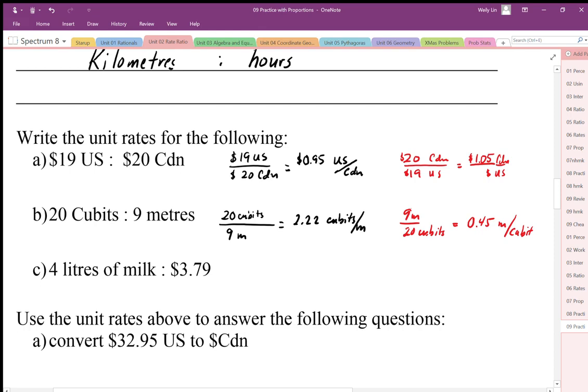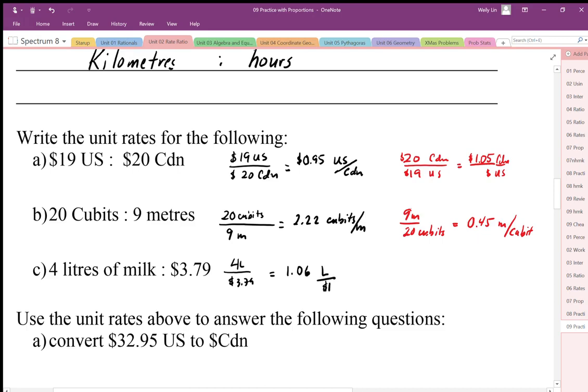So 4 liters of milk for $3.79. So we're going to go 4 liters divided by 3.79. Okay, so 4 divided by 3.79 liters is going to give me 1.05, which I'm going to round to 1.06. And what's the units comparing? It's liters for $1.